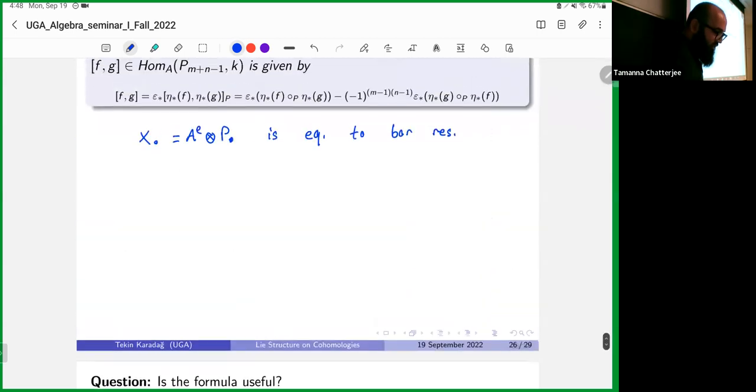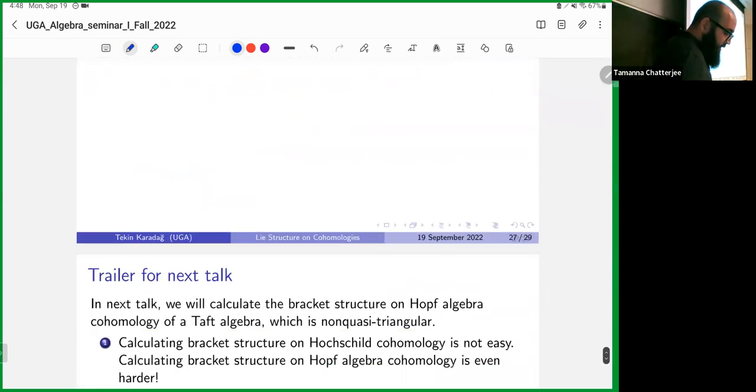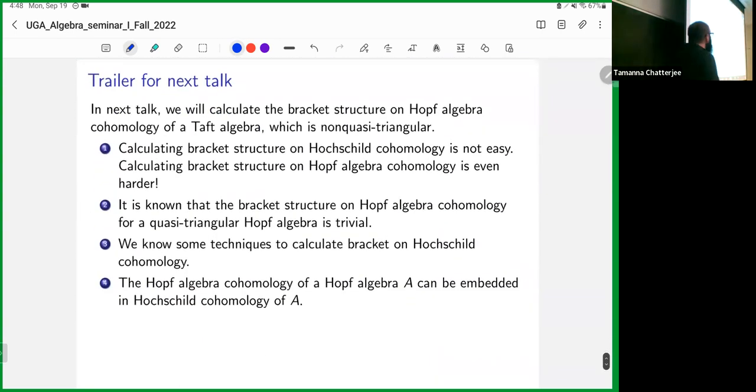And for my next talk, next week, here is what I will do. I will calculate explicitly the bracket structure on Hopf algebra cohomology. Why did I choose this algebra?